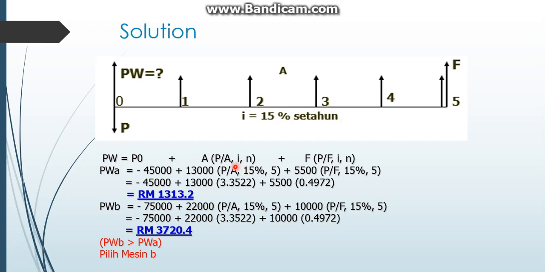A has been given, I is 15%, and N is 5 years. The same goes for the future value. For the future value, we have to obtain P, but given F, I, and N: the future cost, I, the interest rate, 15%, and N, the number of years, 5 years.